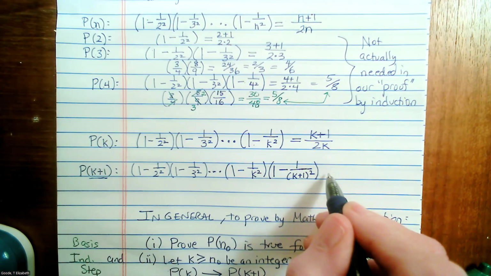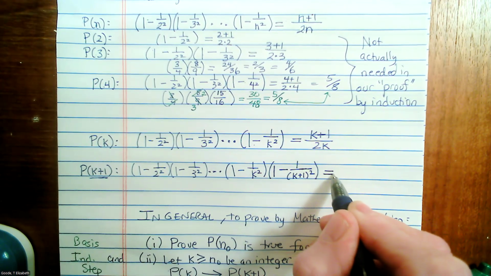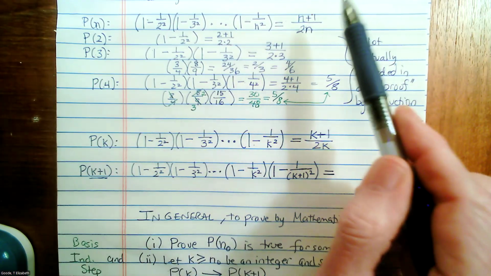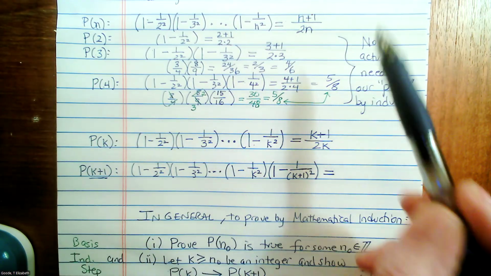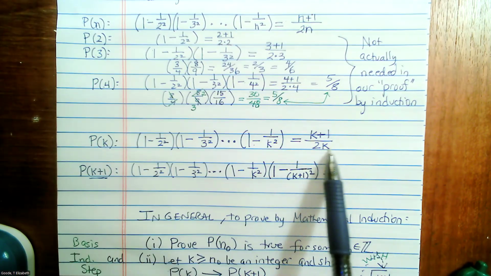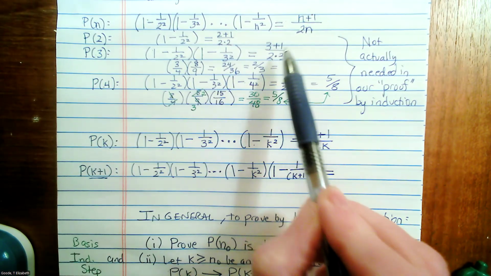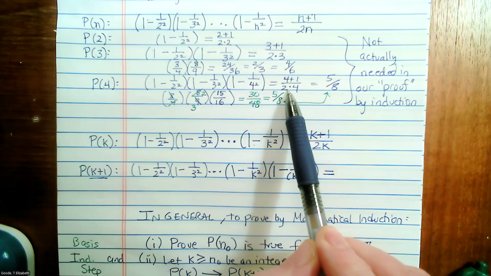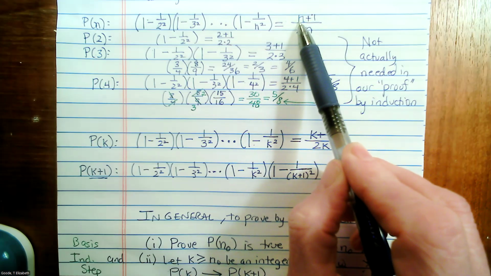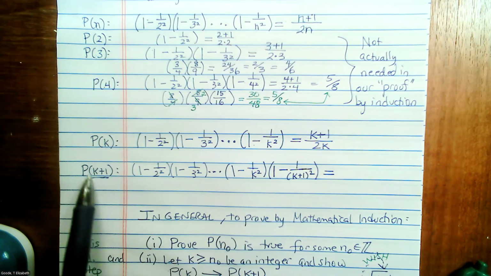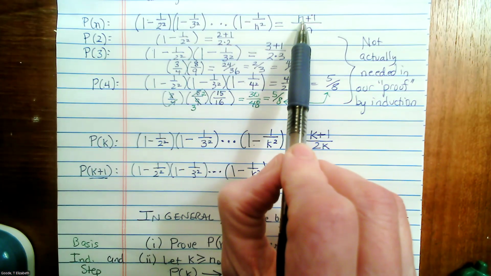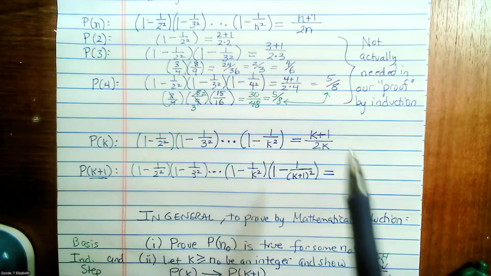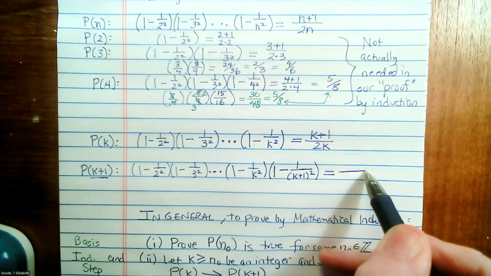Now the right-hand side of P of K plus 1, well, we do just what we did when we were trying to find the right-hand side of P of 2 and P of 3 and P of 4, right? We just plug in this value everywhere we see an n. So it'll be a fraction.